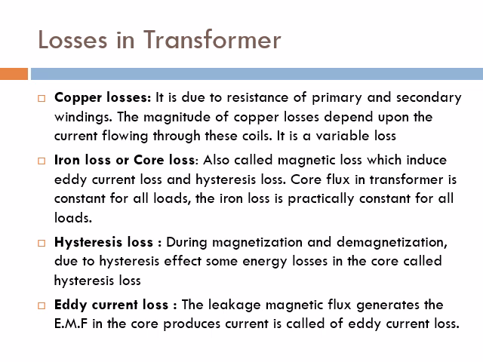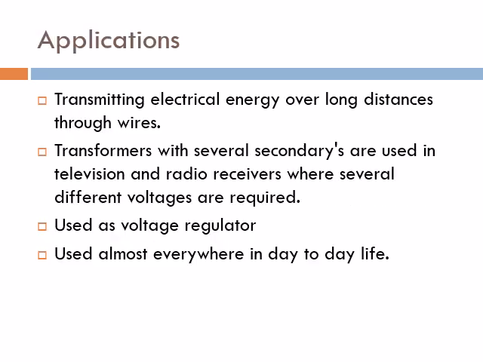The hysteresis loss occurs during magnetization and demagnetization, due to the hysteresis effect; some energy is lost in the core, which is called the hysteresis loss. Next is the eddy current loss: the leakage magnetic flux generates an electromotive force in the core, which produces a current called the eddy current loss.